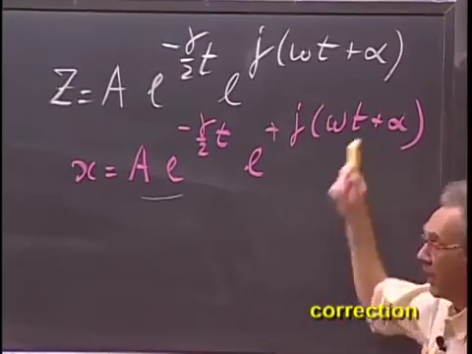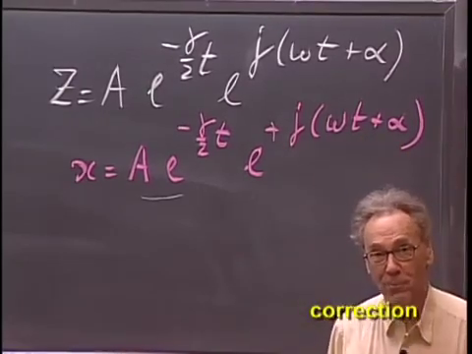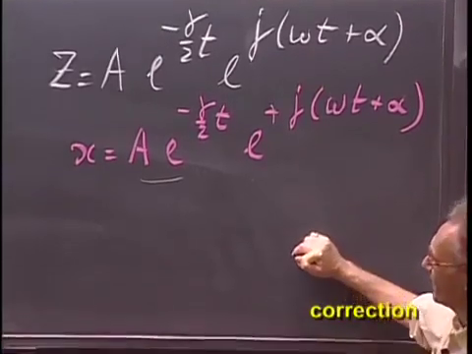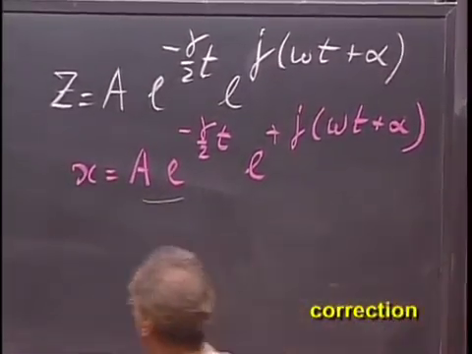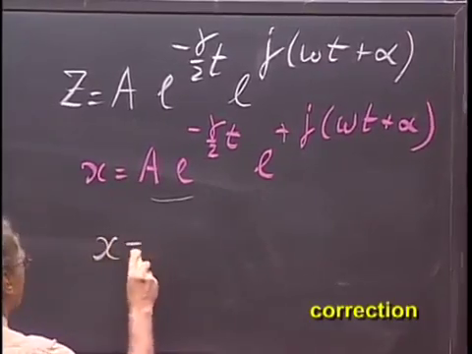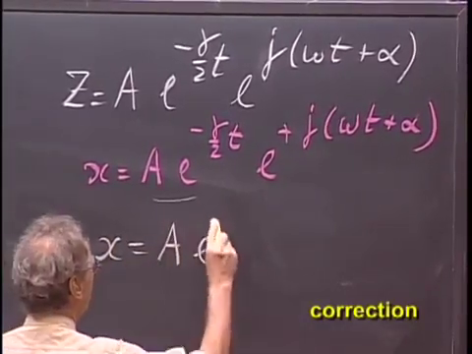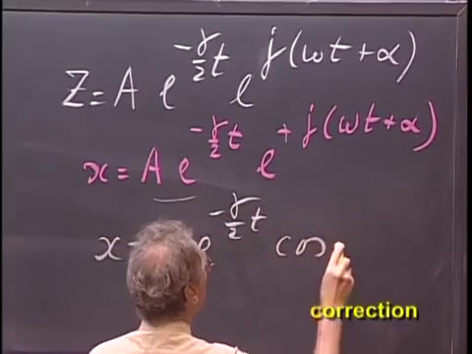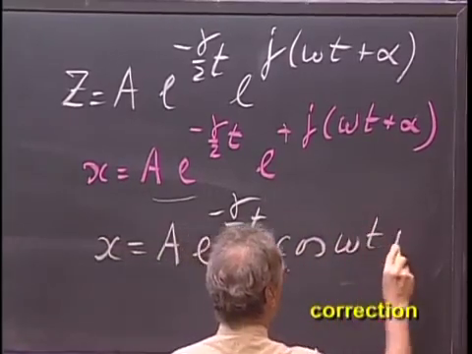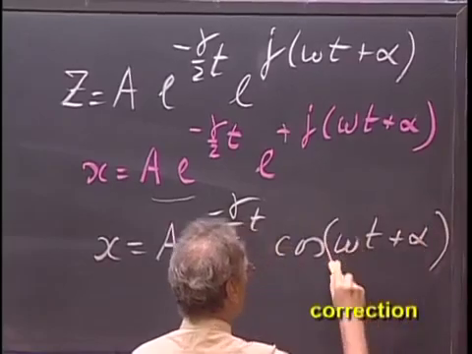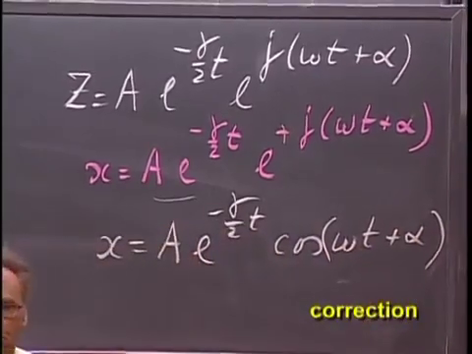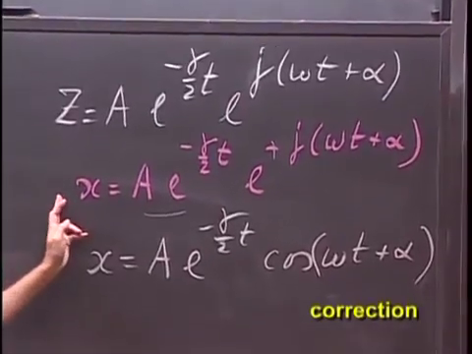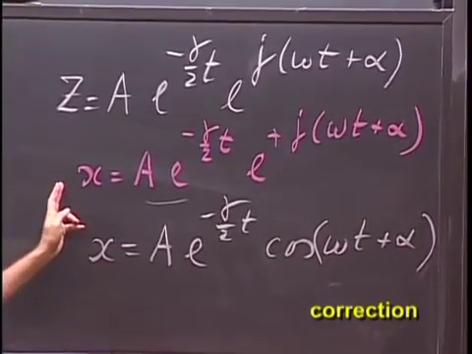But I do not take it out of the complex plane. I leave it in the complex plane. So clearly what I should have written, which is what I will do now, x equals A times e to the minus gamma over 2 times t times the cosine of omega t plus alpha. Now we are in the real world. You're going to see this equation at least for the next 5 or 10 minutes on the tape.